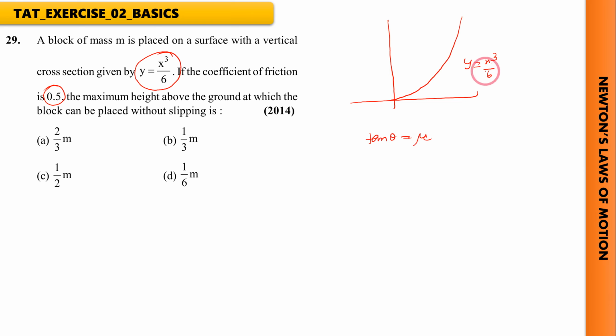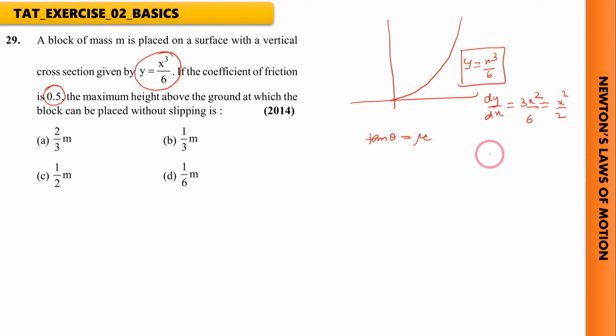Now, since the equation of y is given, differentiating it gives dy by dx, which is tan theta. So dy by dx is coming 3x square upon 6, that is x square by 2.